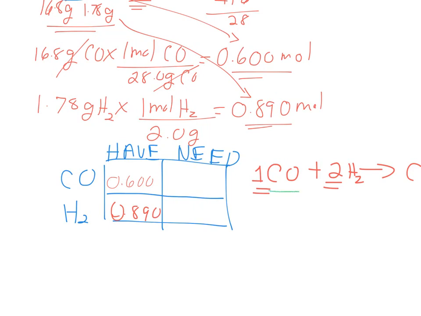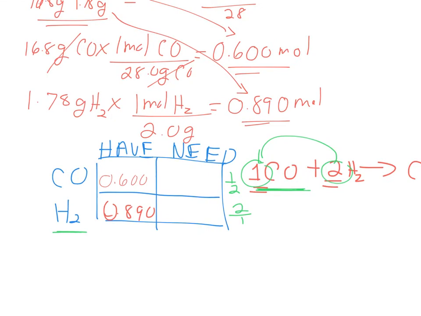So carbon monoxide is 1 to 2, so we're going to put that here. And hydrogen is 2 to 1, which is the reciprocal of 1/2. We're going to put that here. And the important thing is to realize that we have to crisscross these ratios.